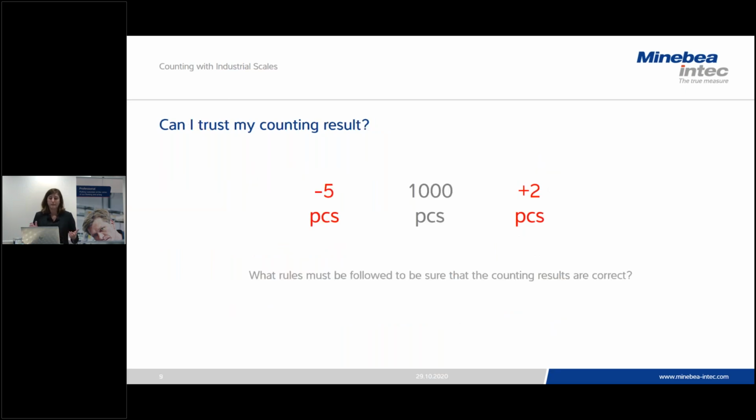So the next thing, which is the basic point of this presentation, is: can I trust this weighing result? Am I sure that these are really 1,000 pieces, or is it maybe 995 pieces or 1,002 pieces? To be sure, I will show you which influence factors affect this counting result, and how you can minimize the counting error.